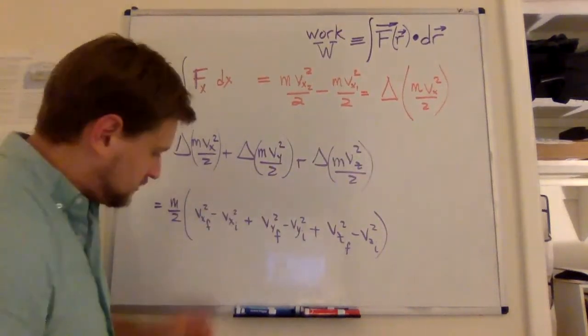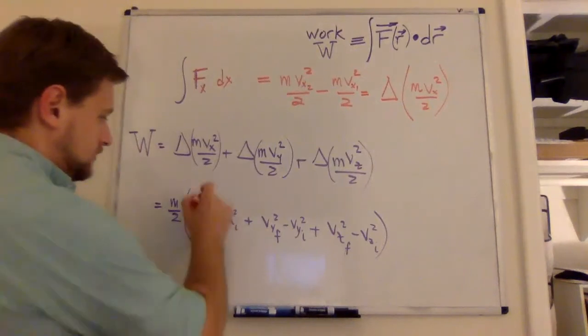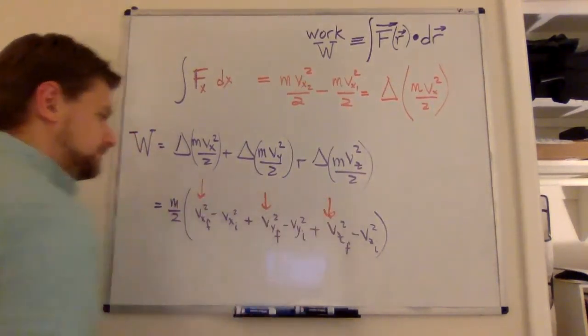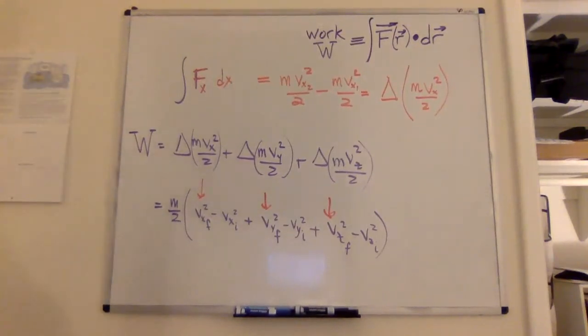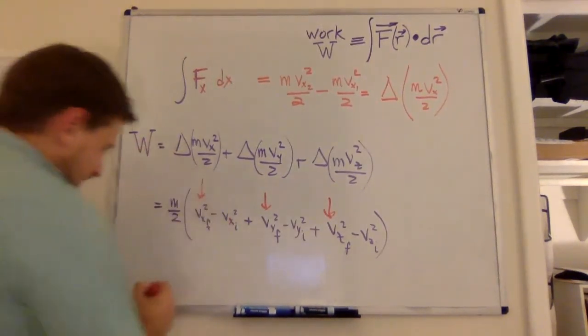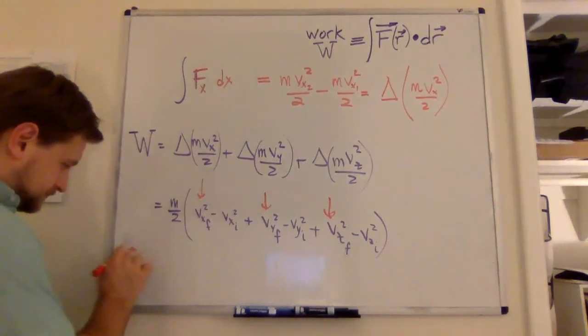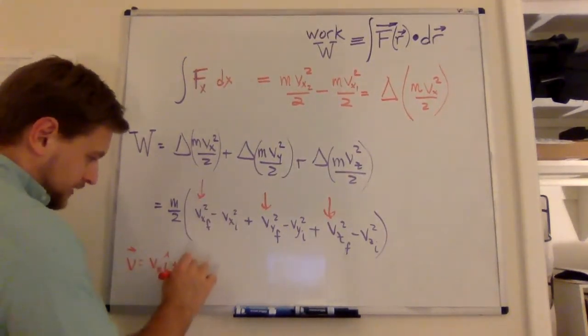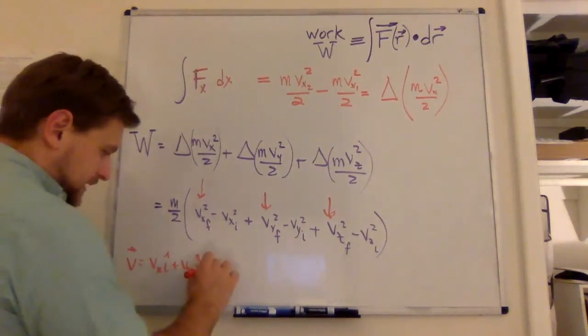Let's group terms, finals and initials. Suppose we had a vector velocity. It would have some x component, some y component, some z component.